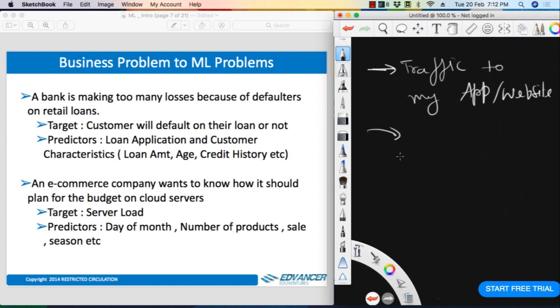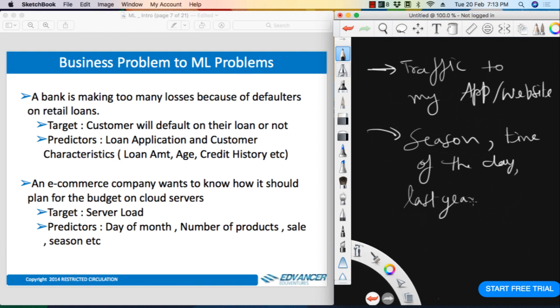Underlying factors, as I've listed, it could be what season it is, what time of the day. Maybe if I want to make predictions at a more granular level, at every minute of the day. So what time of the day it is, how many visitors came during this period last year or last month.